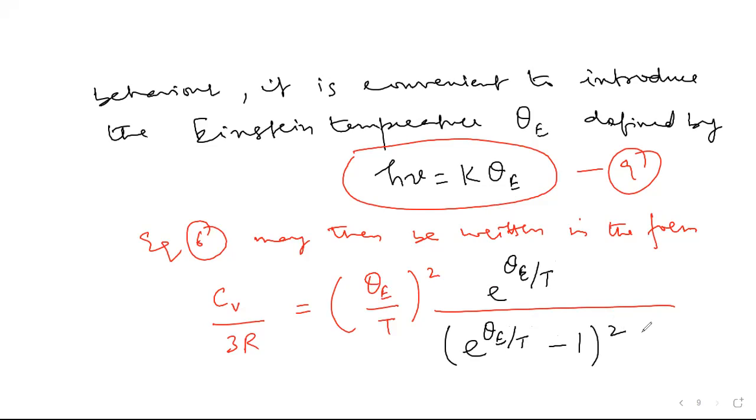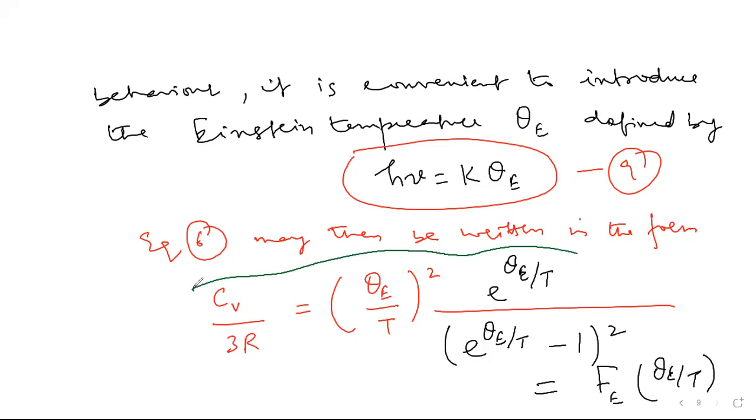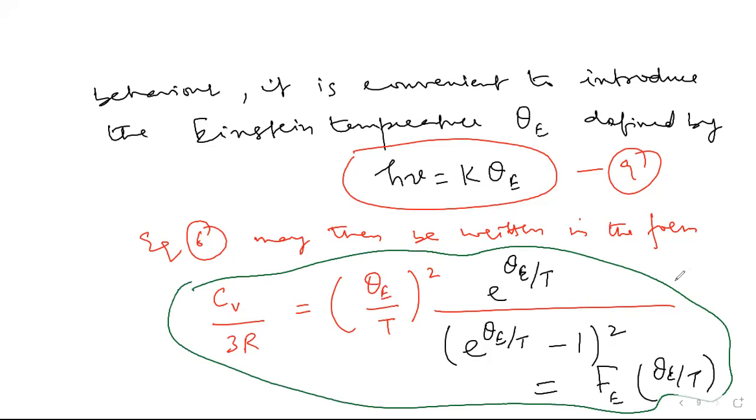CV by 3R is theta E by T square times e raised power theta E by T over e raised power theta E by T minus 1 square, which we write as FE of theta E over T. Let me name it equation 10. I will encircle it first.